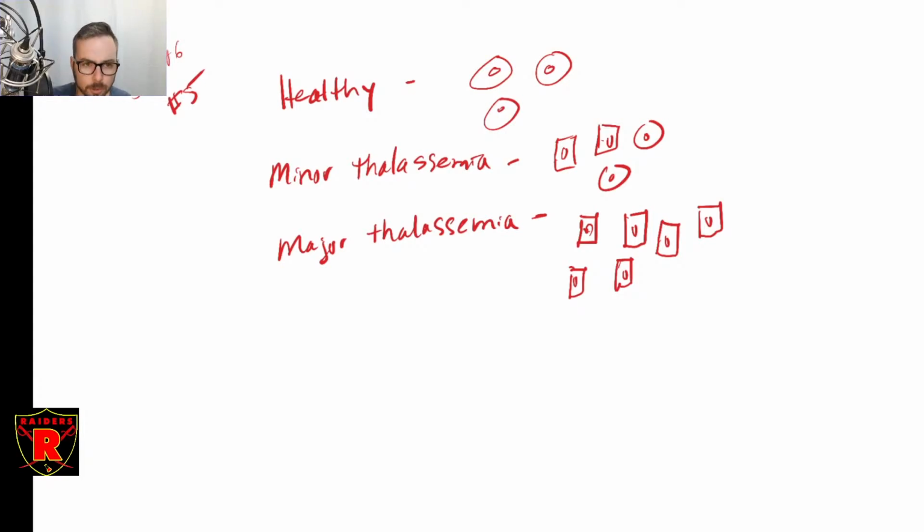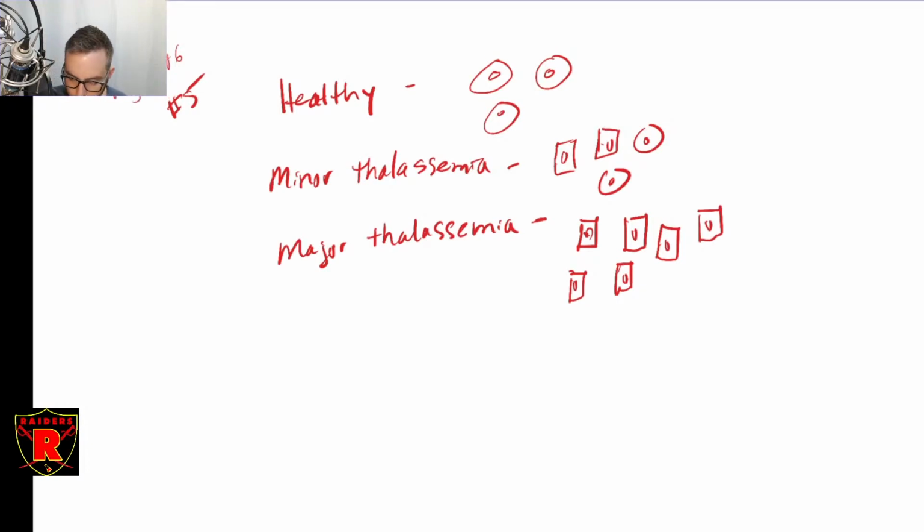So the question is asking which it is, codominance or incomplete dominance, right? Because it says only one gene is involved. So first of all, you know that this is Mendelian. It's telling you that it's Mendelian. And there's only 2 alleles involved, which means that there's only 2 versions of the gene. So it's got to be codominance or incomplete dominance, because we have 3 phenotypes here. So it's something to note.